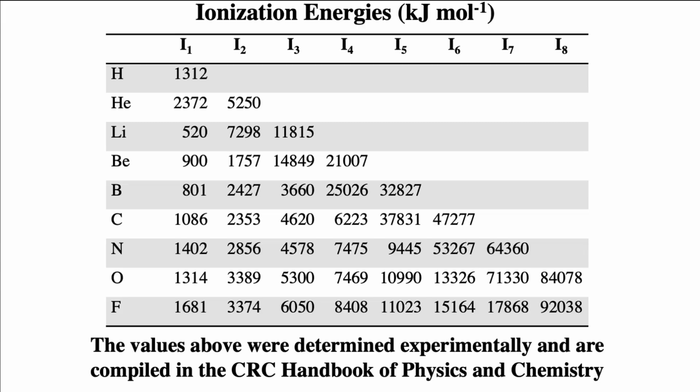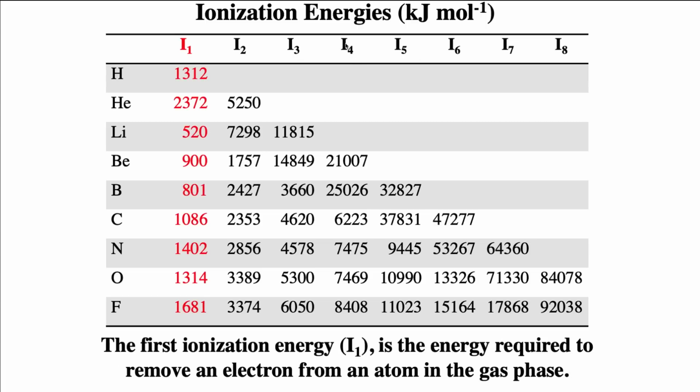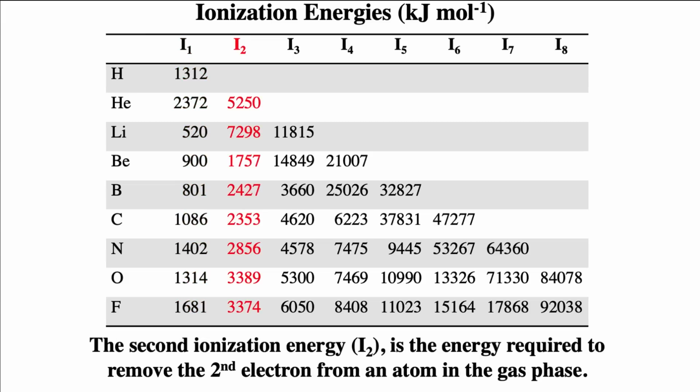And so here we have a table of ionization energies. Again, I1 is the first ionization energy, I2 the second, I3 third, etc. And again, this is the energy required to remove an electron in the gas phase. It's very important that you know it's in the gas phase. Now I2 is always going to be greater than I1.